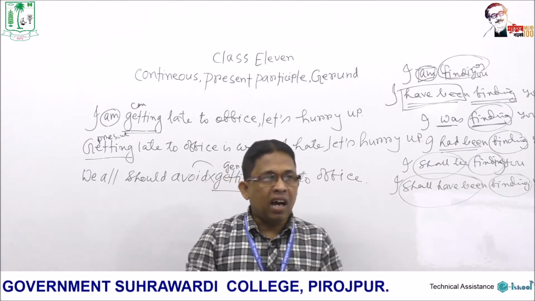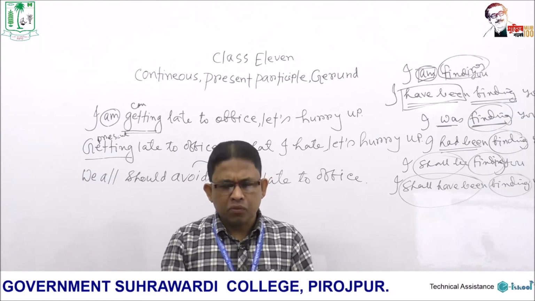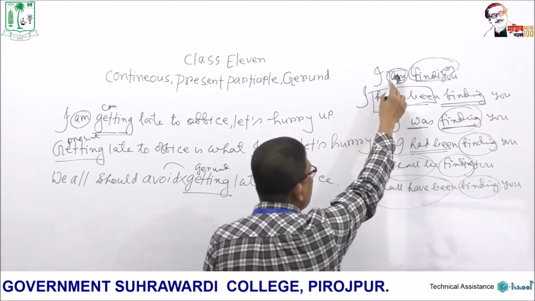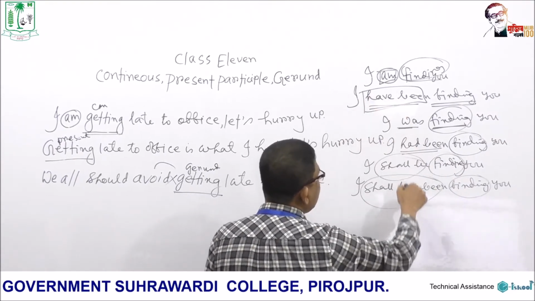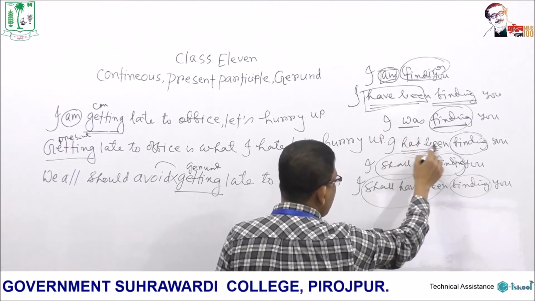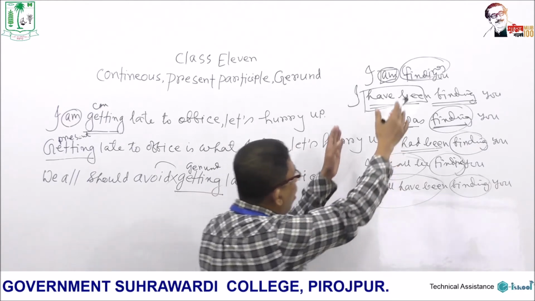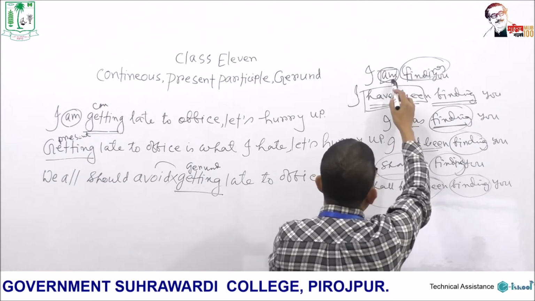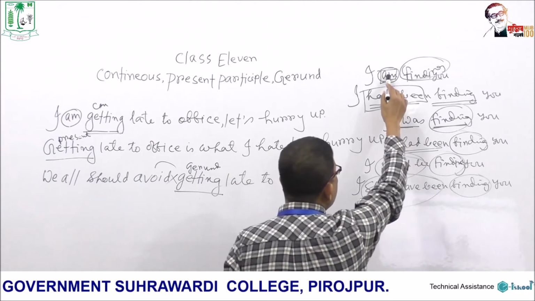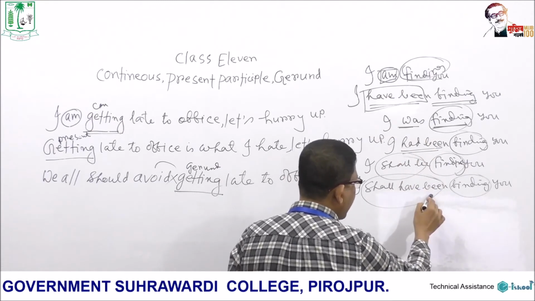So, what does this prove? I have written all the continuous forms here: present continuous, present perfect continuous, past continuous, past perfect continuous, future continuous, future perfect continuous tenses. And in all the cases, I have used an auxiliary verb before the main verb. Here am, here have been, here was, here had been, here shall be, here shall have been.